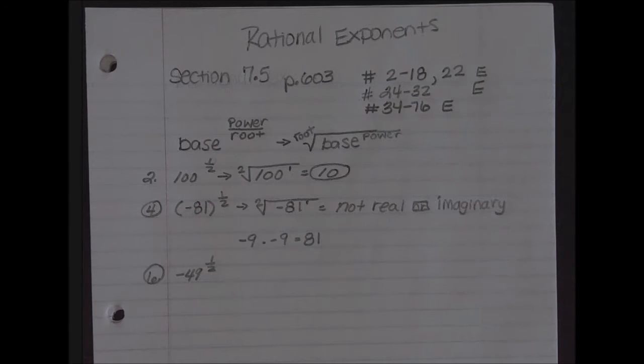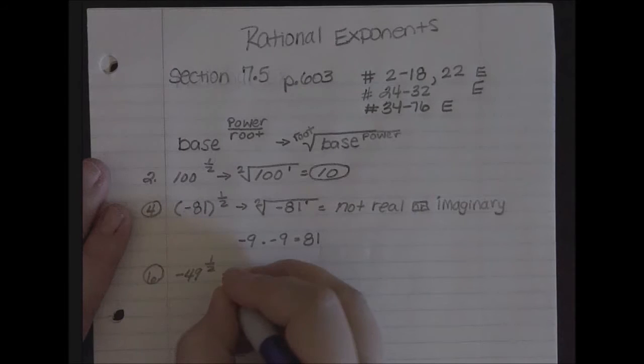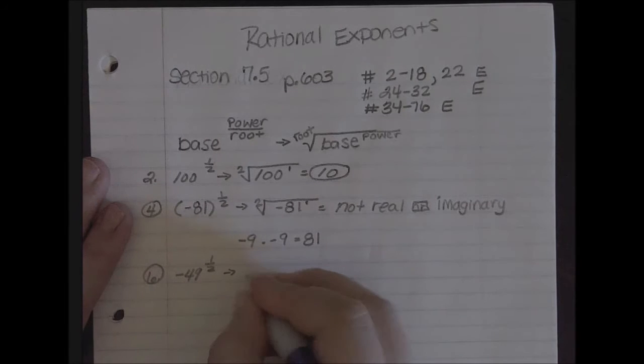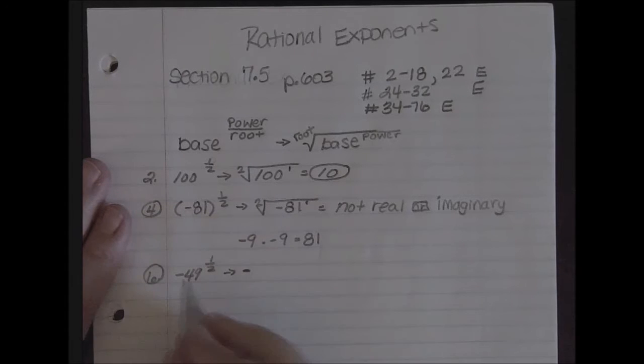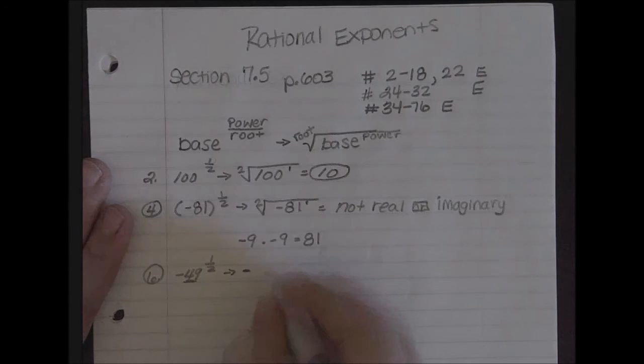This one is missing the parentheses. So if I were to translate this, that negative is not being raised to the 1/2 power. The only thing we're raising to the 1/2 power is that 49. So the negative has to stay on the outside, and then 49 goes on the inside.